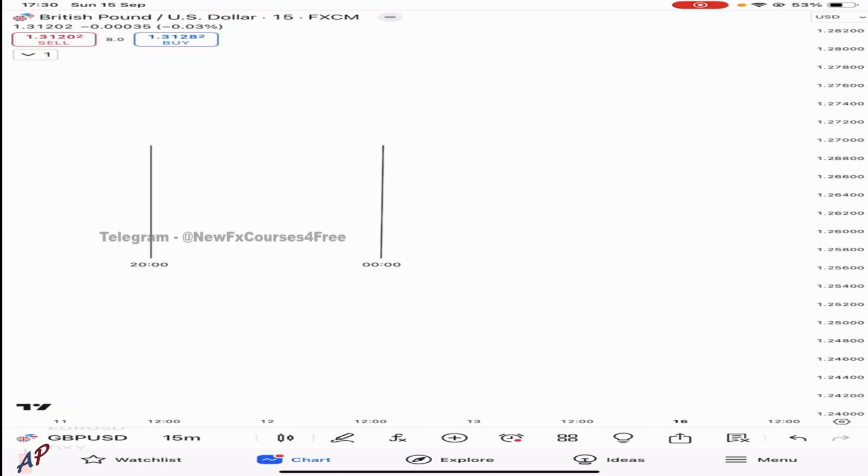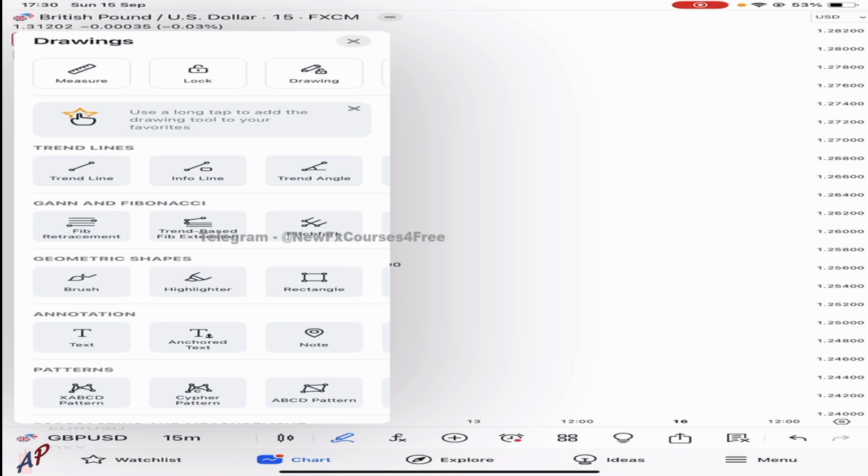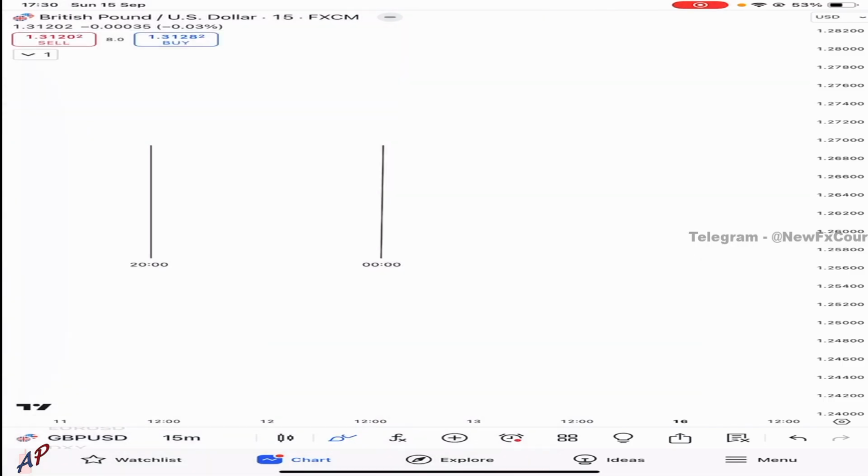Okay, so Asia is from 20 to midnight. Why? Because most of the time, if you go back in your chart, you'll see a spike in volatility at 20, so 8 p.m. New York time. So that's the Asian session, and I say Asian range because, obviously, the Monday range model is universal to all markets.